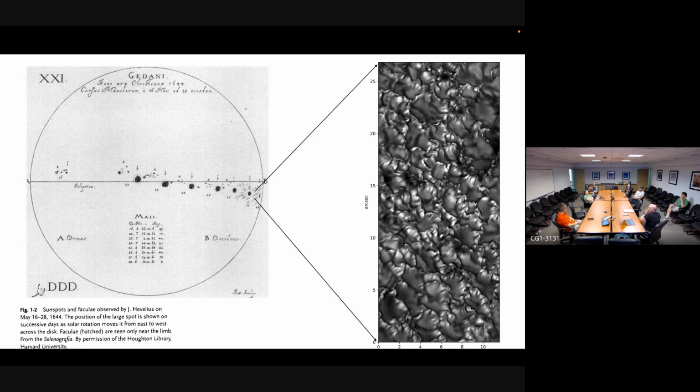I have a question. Are there any spectroscopic-only observations of this striation and how they vary over time?